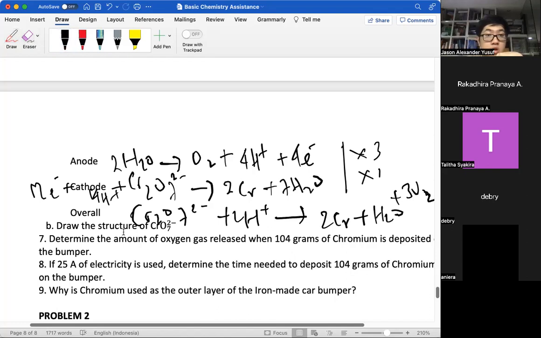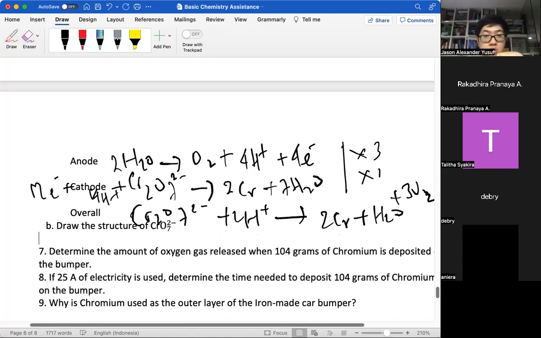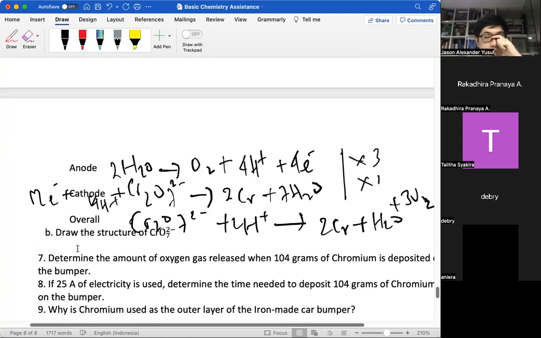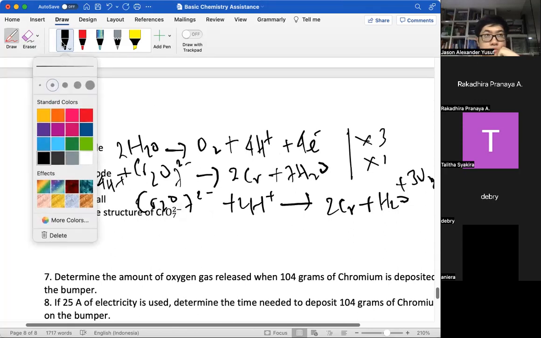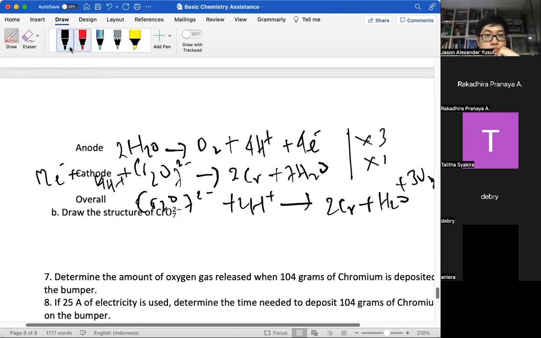And next, we draw the structure of Cr2O7. Sorry, wait. I think it's supposed to be Cr2O7, sorry. Cr2O7 2 minus. So the structure looks like this.